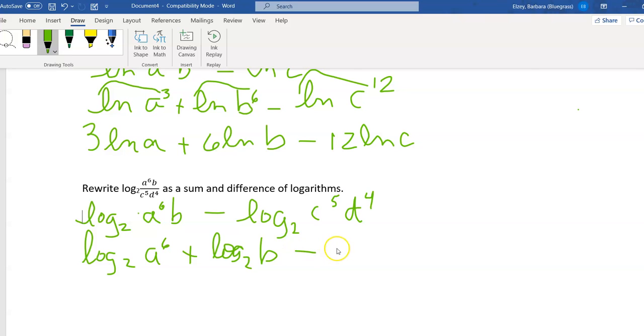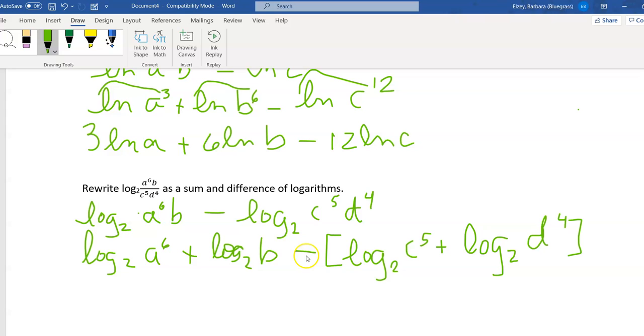Now we're going to do the same thing to the second one, but there's a minus sign in front of it. So as I break it up, I'm going to put brackets because that minus sign is going to have to distribute afterwards. So let's break it up into two separate logarithms. Log of the first item plus log of the second item. And the reason I put that in brackets is because this minus sign really has to go to both of them.